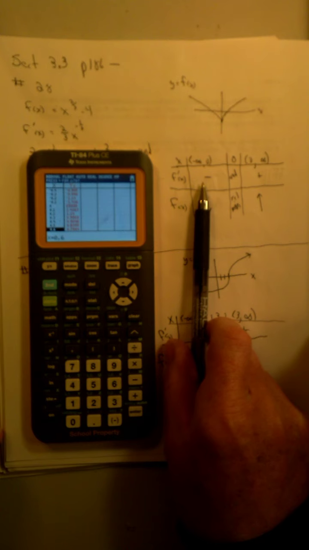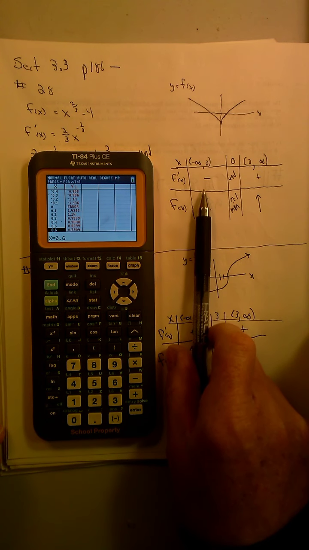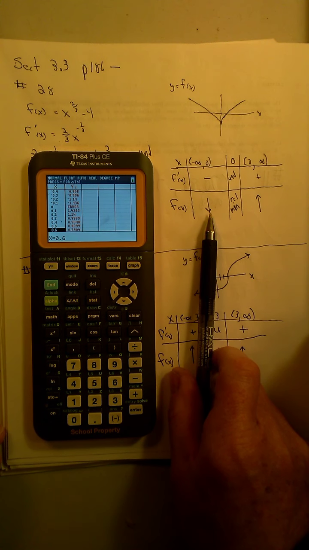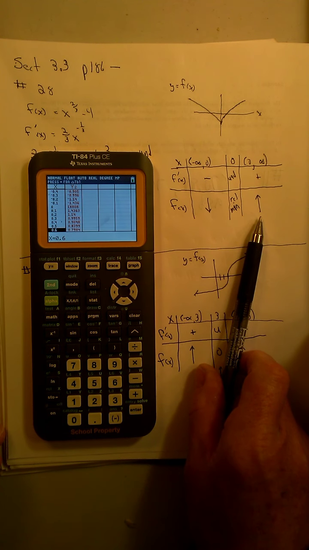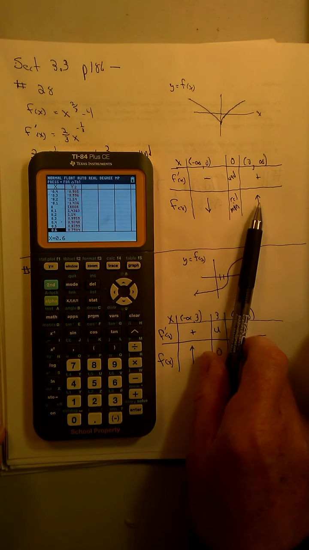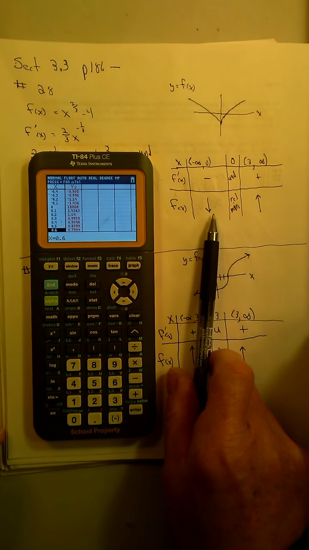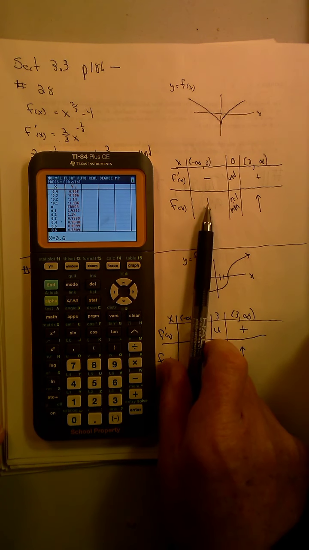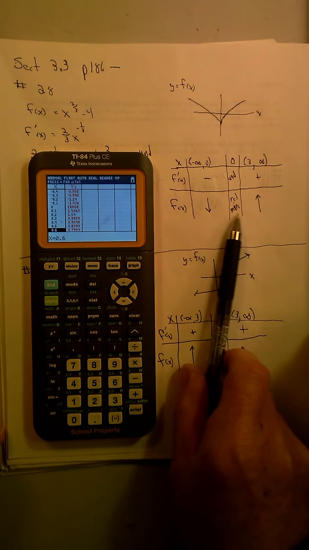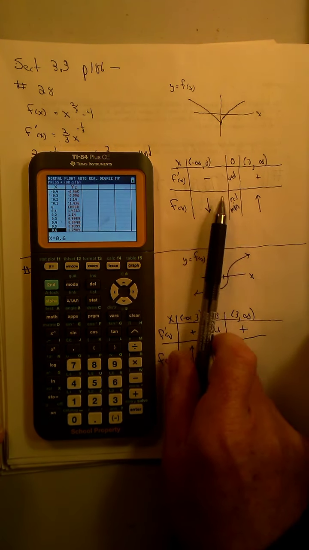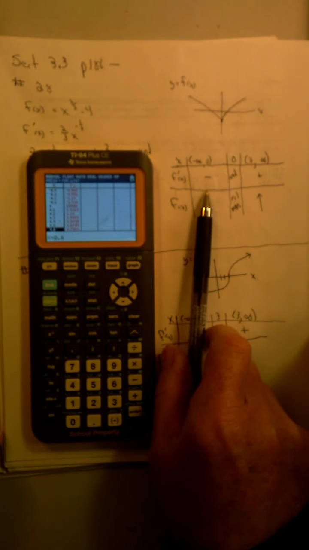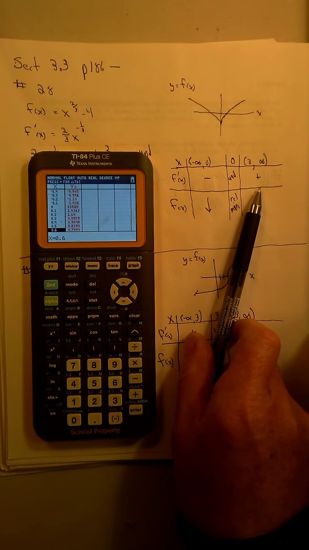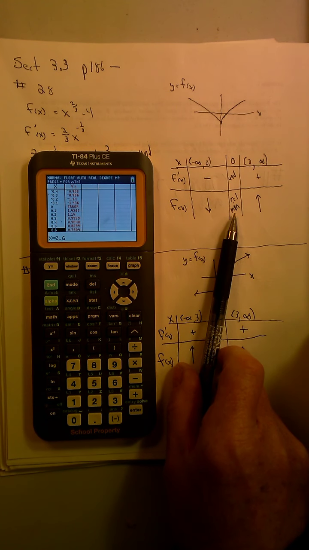When the derivative is negative, the function is decreasing. When the derivative is positive, the function is increasing. So my function is going from decreasing to increasing. It's going down to going up. So that's a relative min. When derivative goes from negative to positive, function has a relative min.